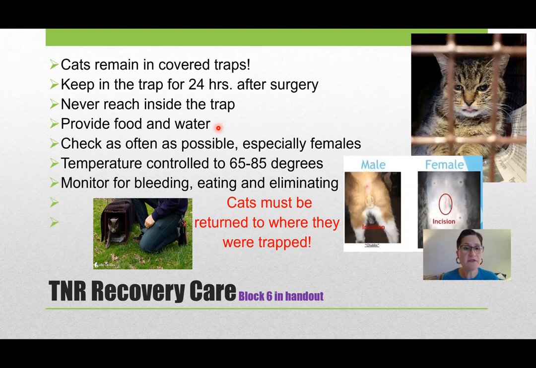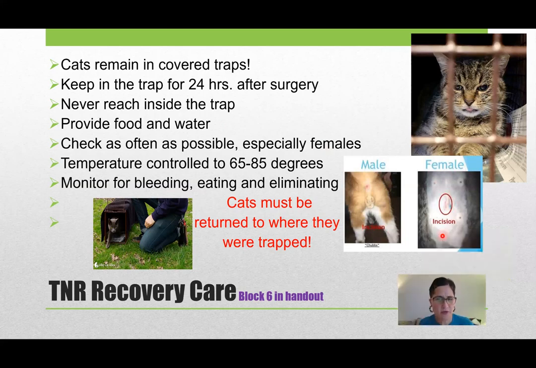You're going to check as often as possible, especially the female. For the 24 hours that the kitties are with you, you just want to make sure that they're okay. So you're going to check for bleeding, eating, eliminating. I did add a picture of where the surgery sites are, so you know where you're supposed to be looking, especially if this is all new to you. For male cats, the surgery site is going to be in the back of the testicles.